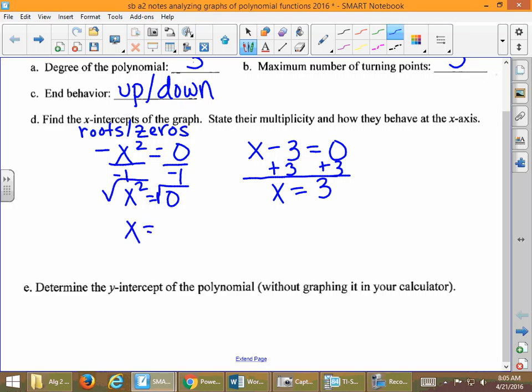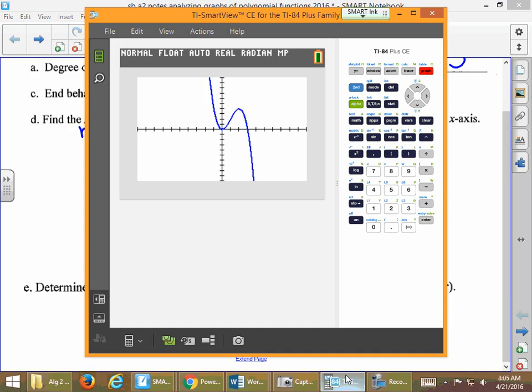So x equals 0. Now if you're really thinking about this, we just drew the graph here. Can you see those roots on the calculator? 0, 1, 2, 3. Nothing wrong with using your calculator to help you answer the questions.